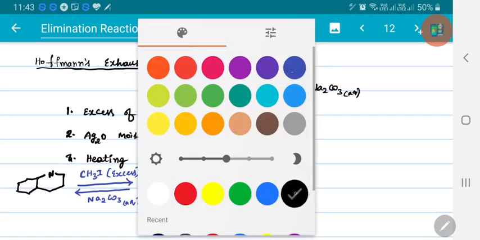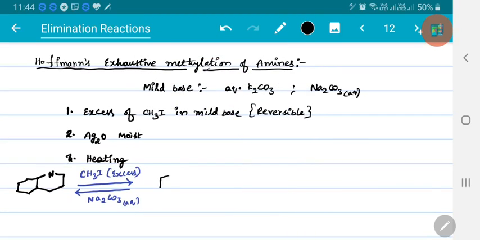So as nitrogen has a lone pair, nitrogen donates the lone pair of electrons to carbon, and iodine is replaced in the SN2 pathway. This leads to the formation of a quaternary ammonium salt. So you will get a positive charge on nitrogen, of course I minus is balancing the system.